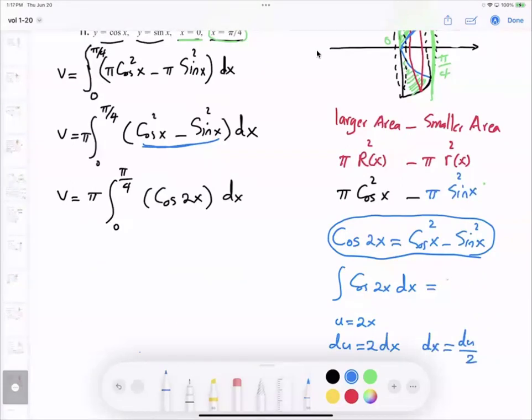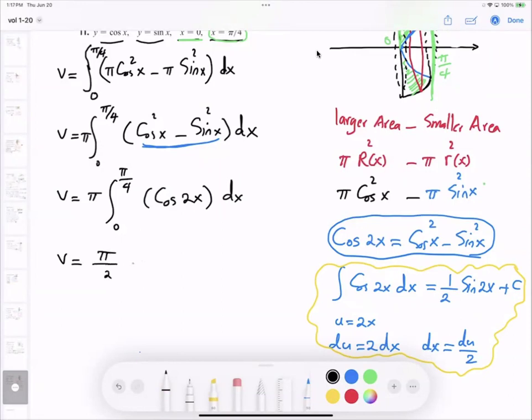So the integral of cosine 2x dx is equal to a half sine of 2x plus C. This is another formula that we're going to use in our calculation. So again, pre-calculus, and now we are using calculus. So V is equal to pi over 2 of sine of 2x, where x ranges between 0 and pi over 4.